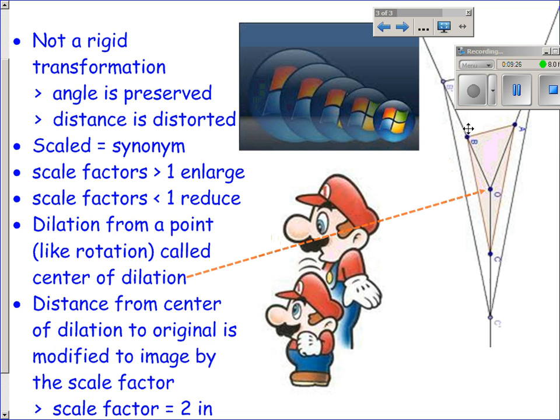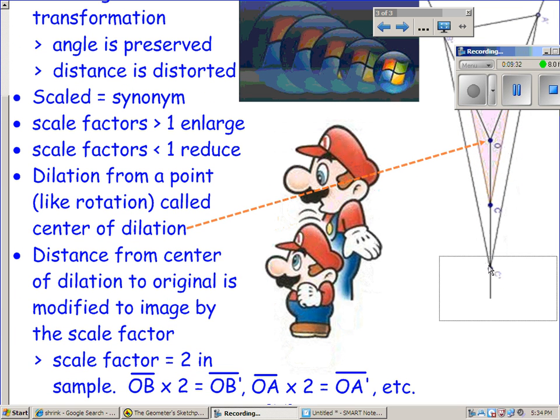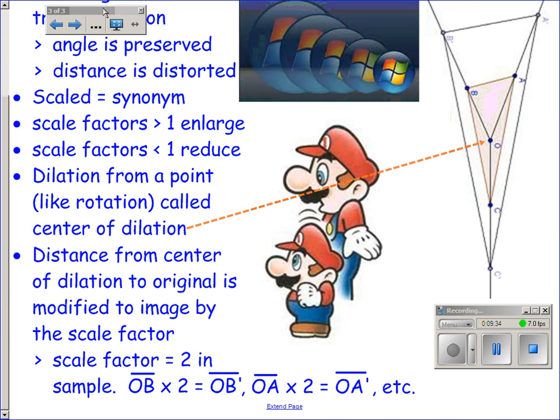The distance to the image is now adjusted according to that scale factor. And so in this example, the scale factor is 2, meaning that the distance OB multiplied by 2 becomes the distance OB prime. The distance from OA multiplied by 2 becomes the distance OA prime.